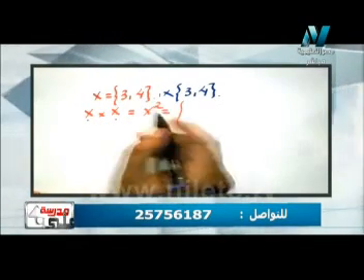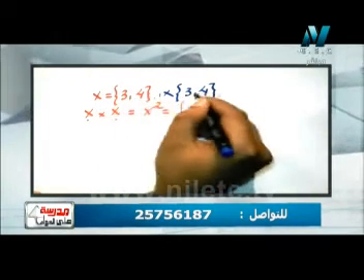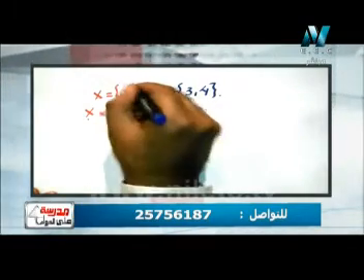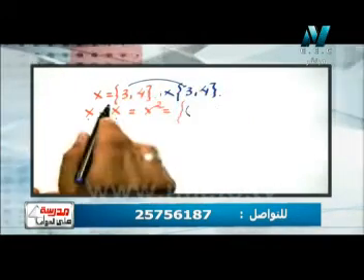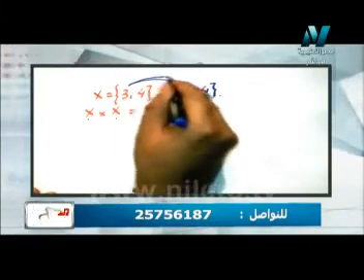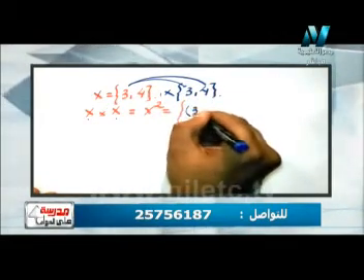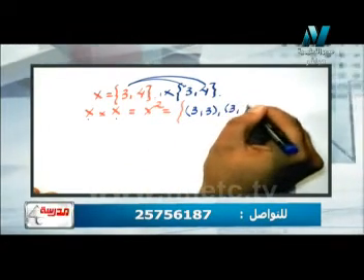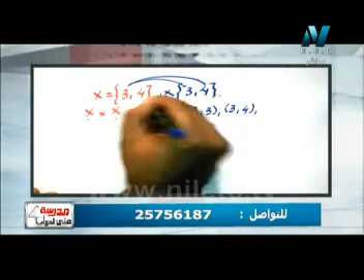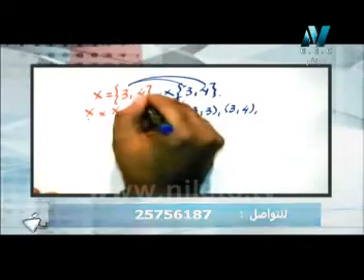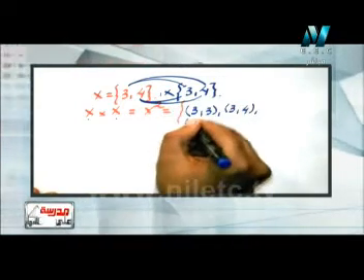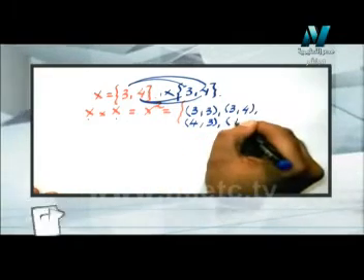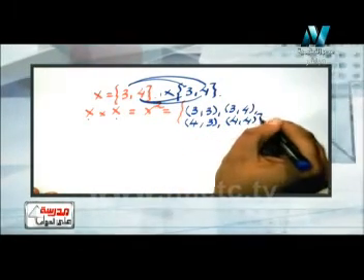To find the answer, distribute 3 with 3, 3 with 4. Then the second element: 4 with 3, and 4 with 4. The last one is 4 and 4.